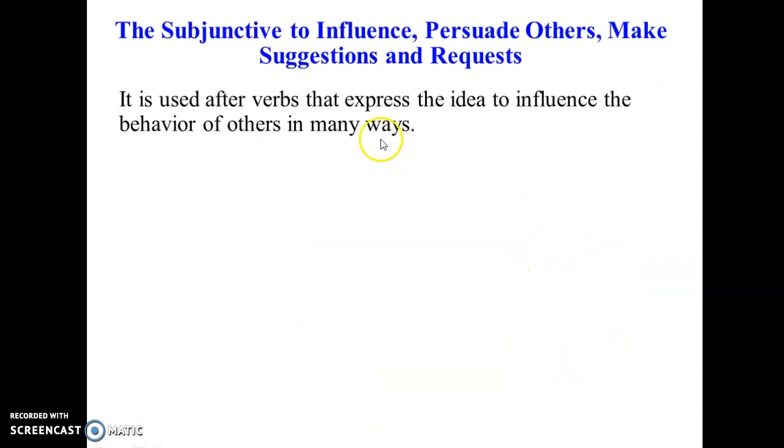Okay, so let's review the present subjunctive. The first one is when we talk about influence, when someone is trying to persuade people or making suggestions or requests. Every time the idea is to influence the behavior of others, we're going to use the subjunctive.